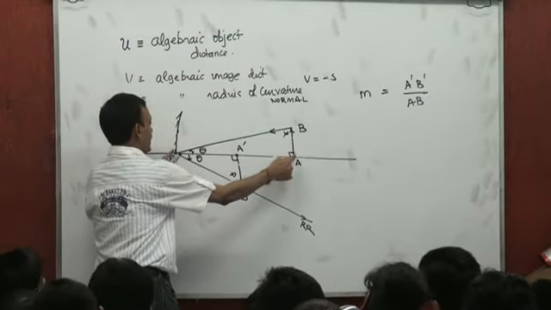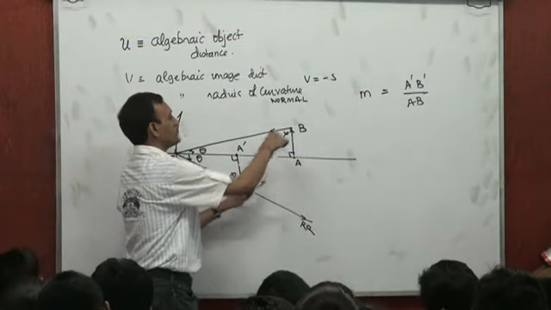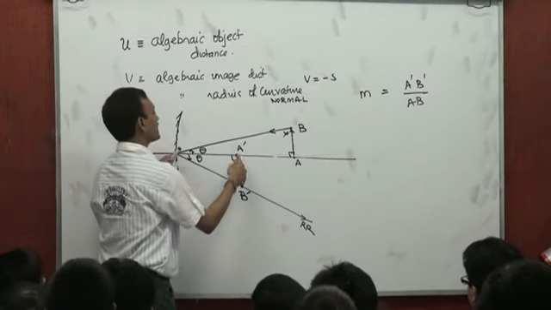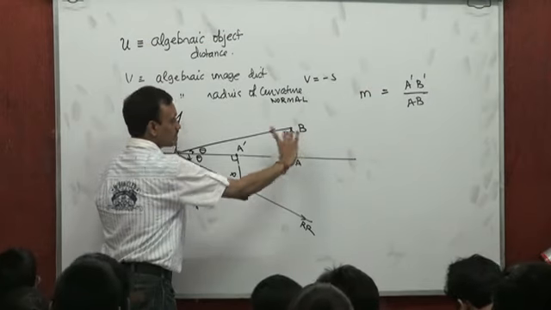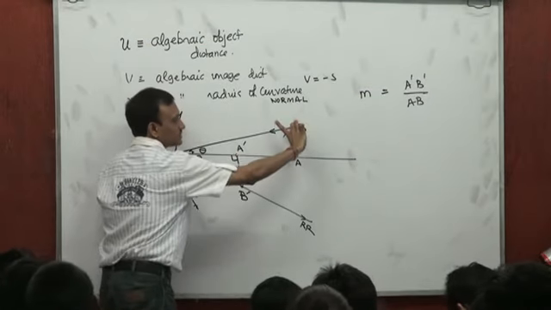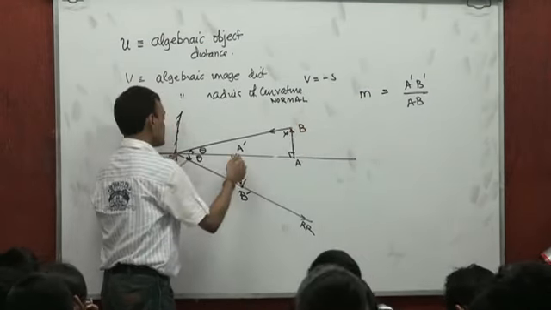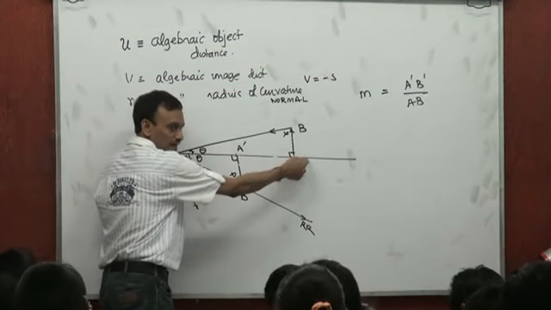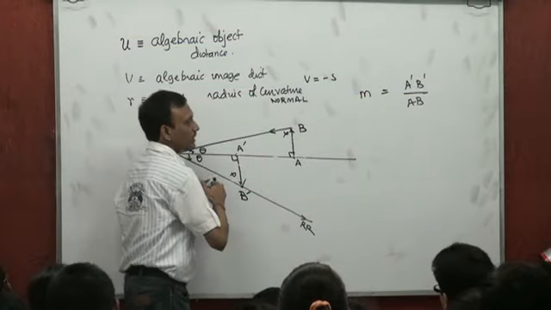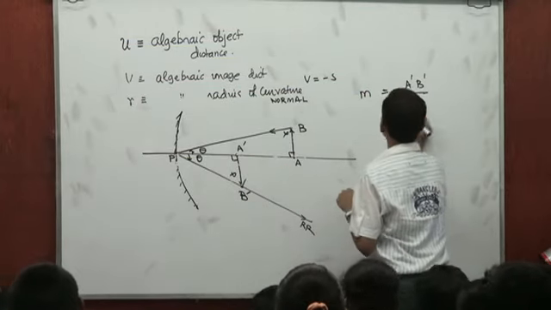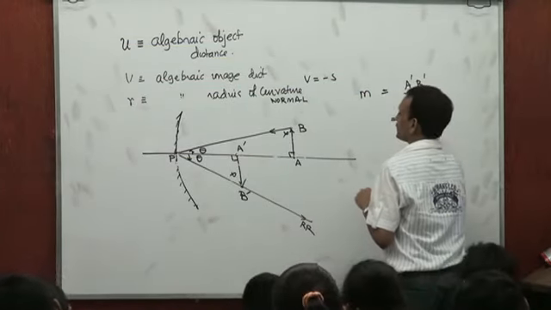So A prime B prime divided by AB will be the same as PA prime divided by PA, owing to similarity of the two triangles, right? So then this is PA prime divided by PA.